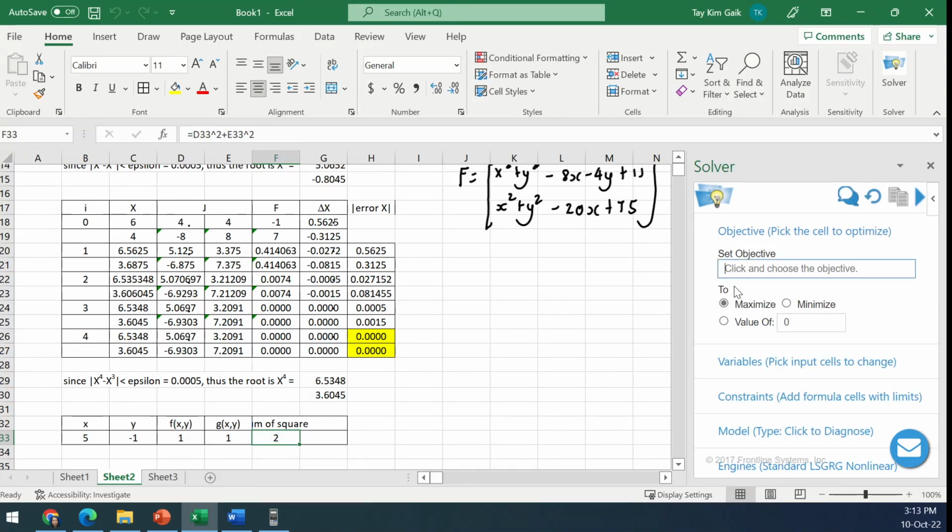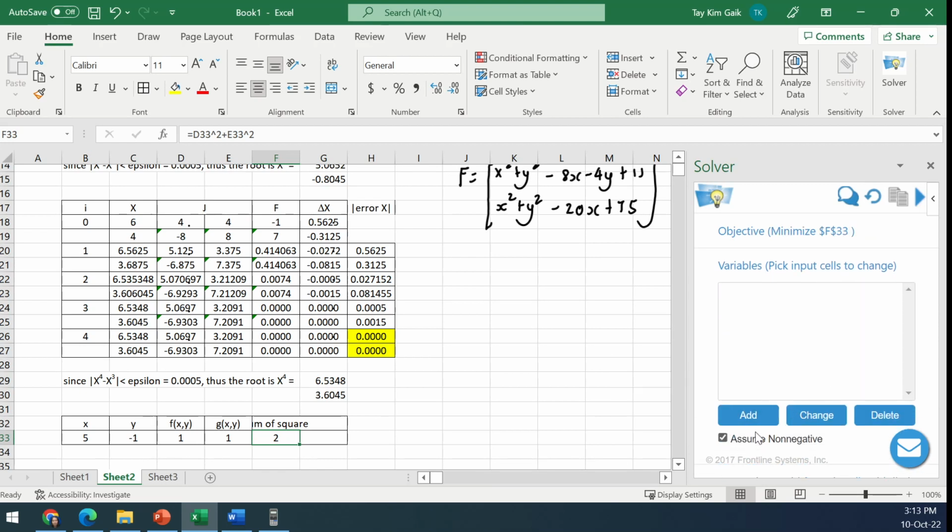Set objective. We want this sum of squares to equal 0, so I want to minimize it to the value of 0. Then I want this cell. I cannot click, so I type in the dollar signs. This cell is $F$33; the dollar signs front and back mean fixed at that cell. I want to set the sum of squares cell equal to 0.